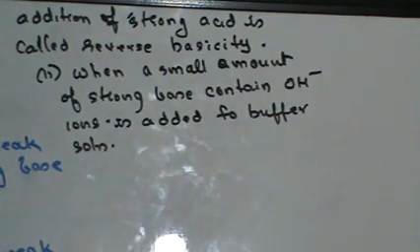Now in this case, the OH ions will immediately combine, the added base will completely combine with acetic acid and will neutralize it. Acid and base give you salt and water.